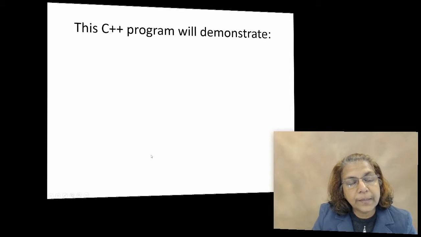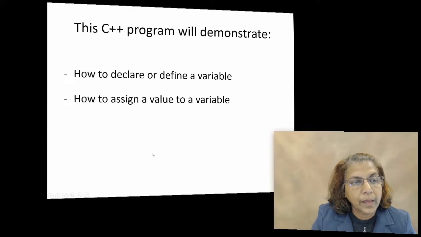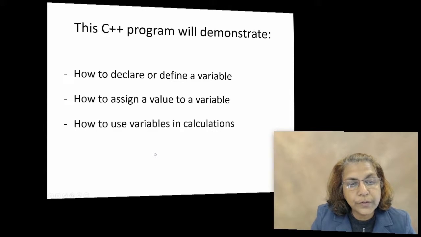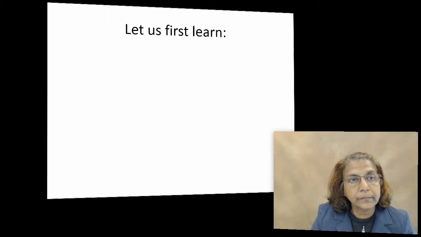So, this C++ program will demonstrate how to declare or define a variable, how to assign a value to a variable, how to use variables in calculations, and how to display the value of variables on the screen.